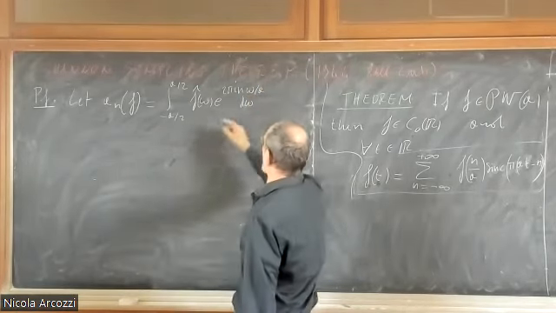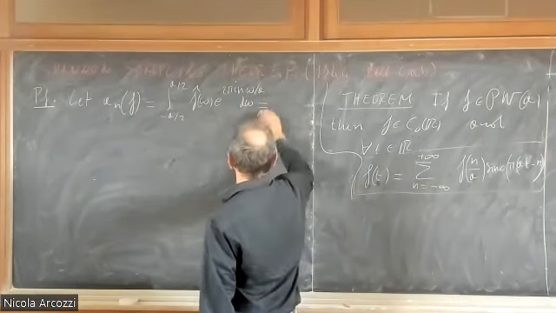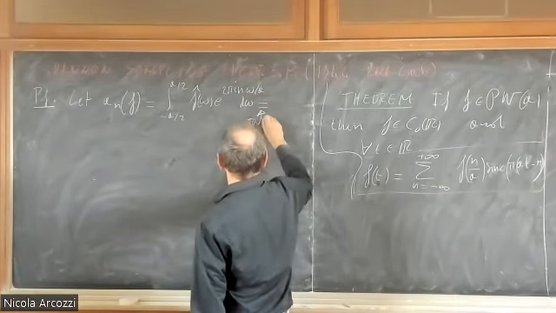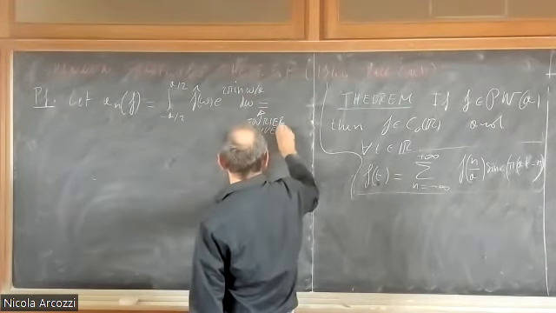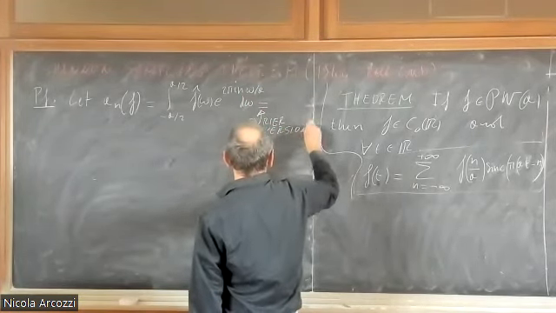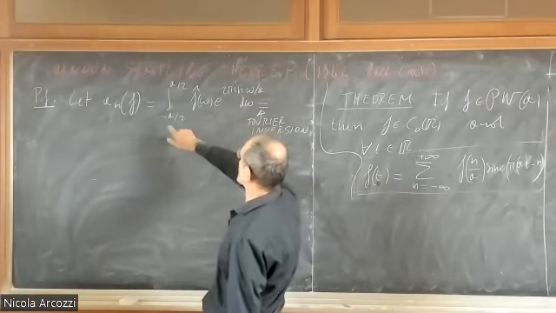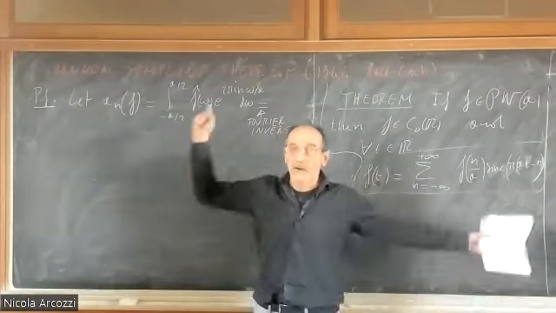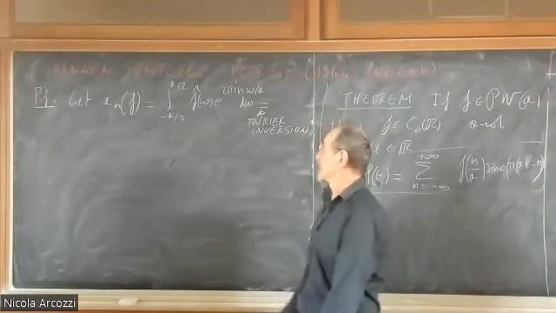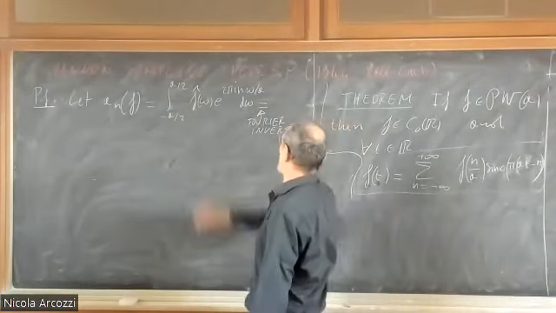Well, by Fourier inversion, because integrating between minus a over 2 and a over 2 is like integrating over R, because f hat is supported in here.